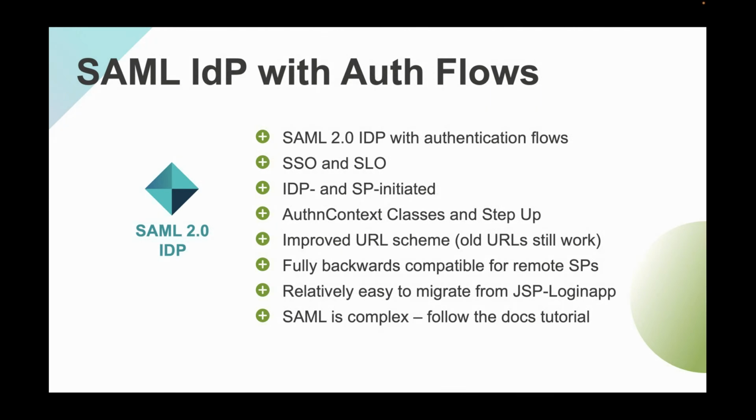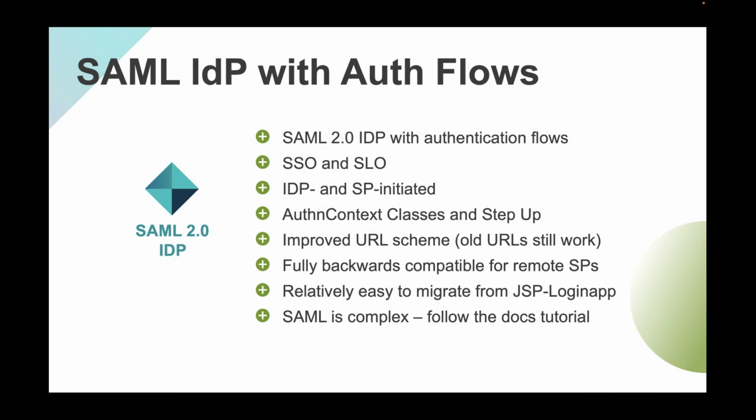But the good message is that the old URLs still work exactly as they were, so there's no need to adapt any remote service providers in their configuration. We're fully backwards compatible for all remote service providers. They should not be able to distinguish between the old or the new implementation.